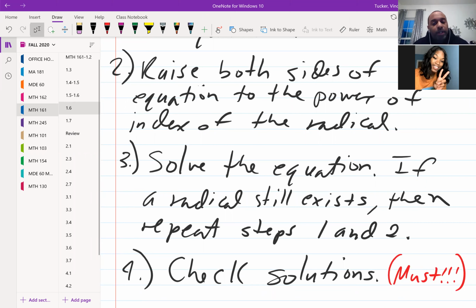And notice I put that we must check our solutions because it is possible that when we raise both sides of the equation to a power, especially an even power, we could have a solution that's not going to work for us. So we do need to check.